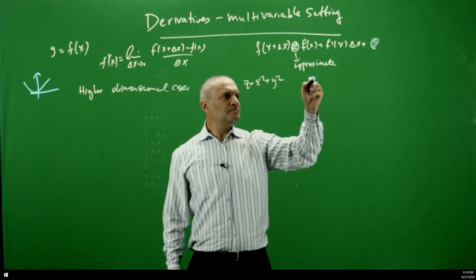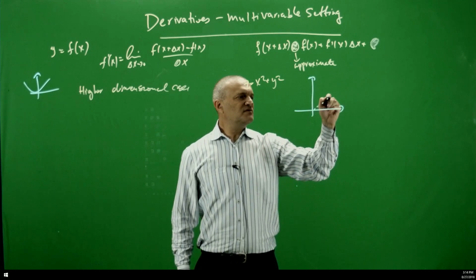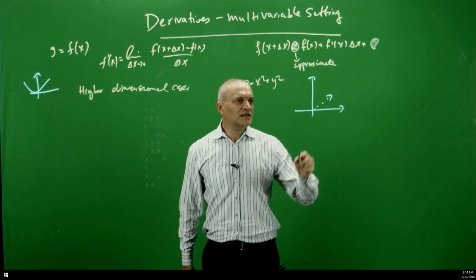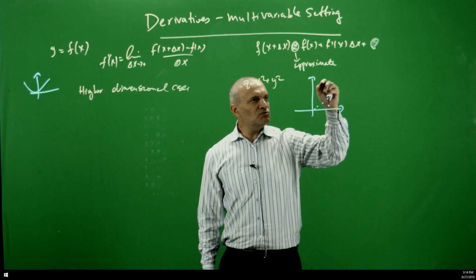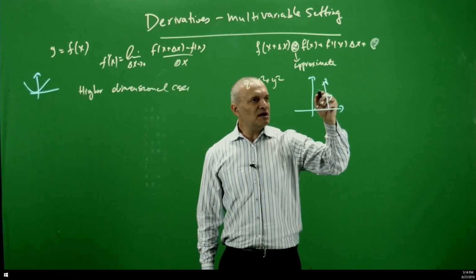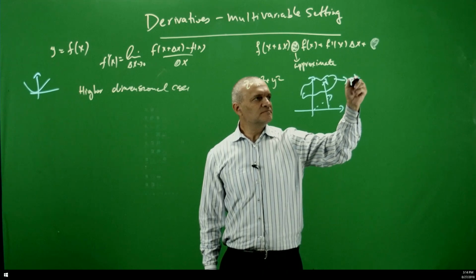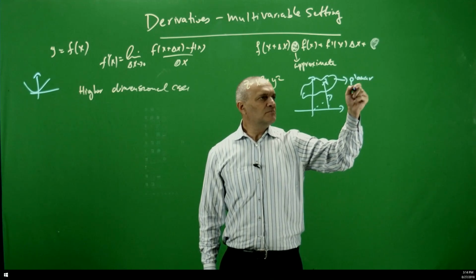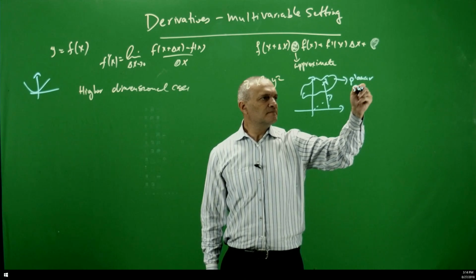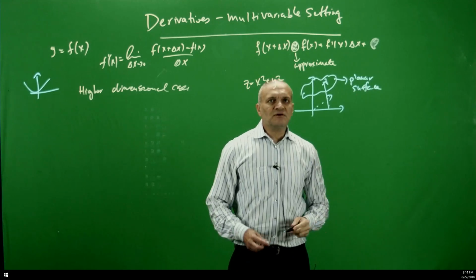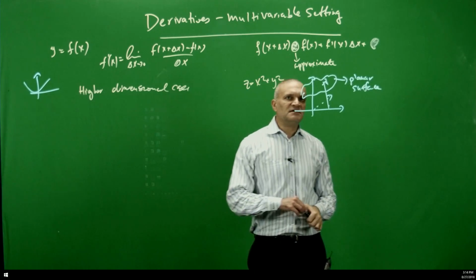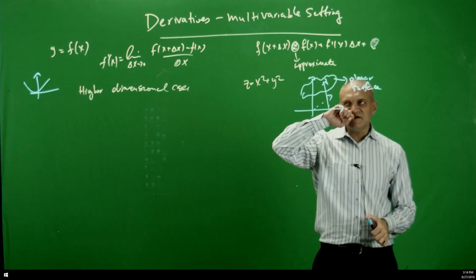Here you have a three-dimensional space, and then for each point here you have a z, which is a height. So here you have some sort of distorted planar surface. Now the question is, how do you define a derivative? What does it mean to have a derivative here?